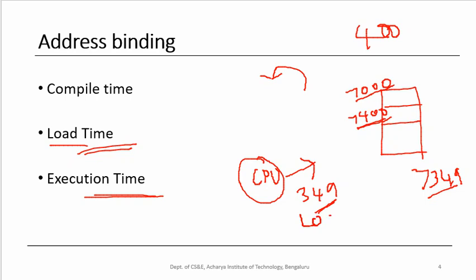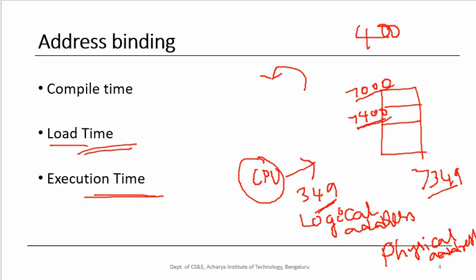So you have to understand what happens at the execution time. At the execution time, the address generated by the program is called the logical address, and this logical address has to be actually mapped to a physical address. Physical address is the absolute address.